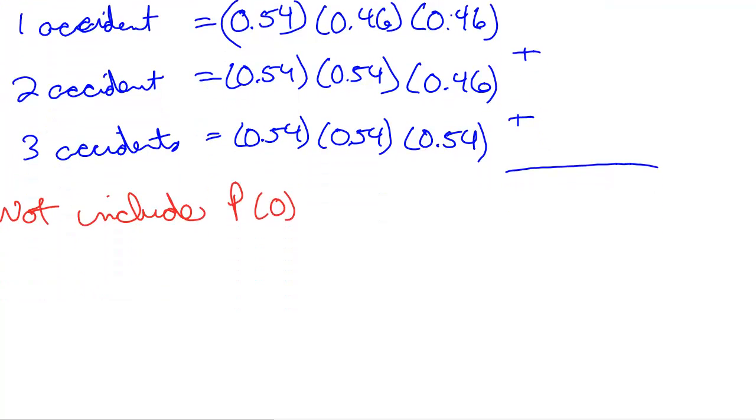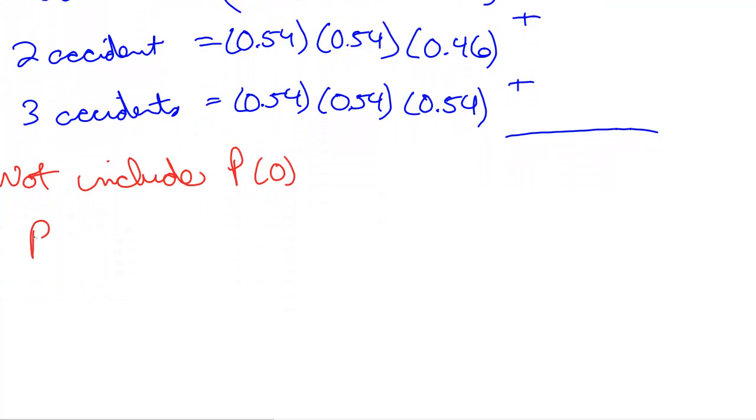So what we can do is the probability of at least one being caused by driver error is equal to 1 minus the probability of none of them being caused by driver error.